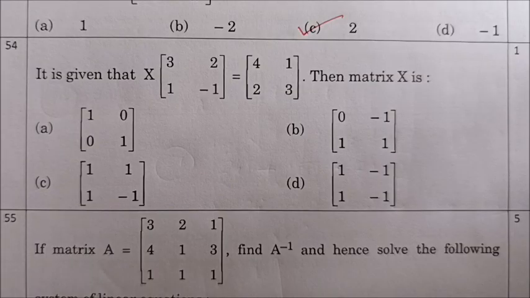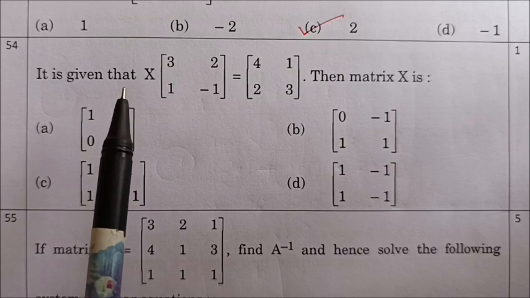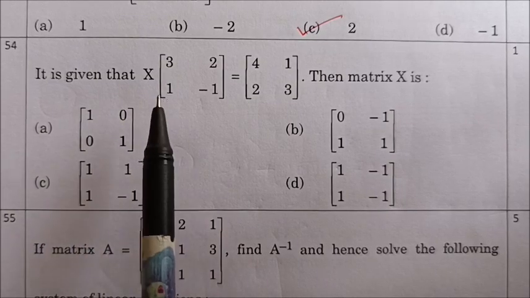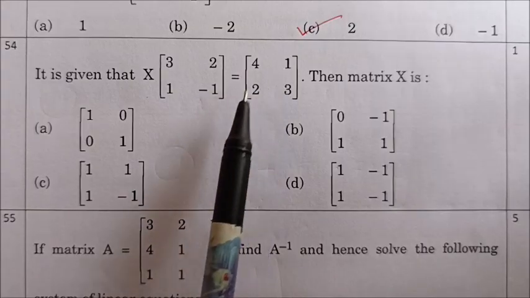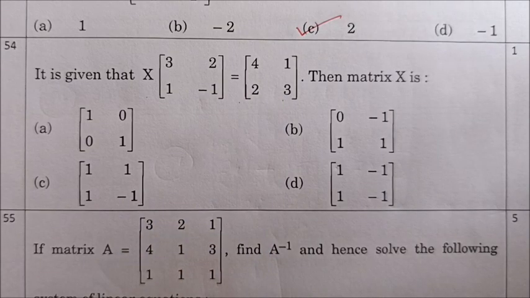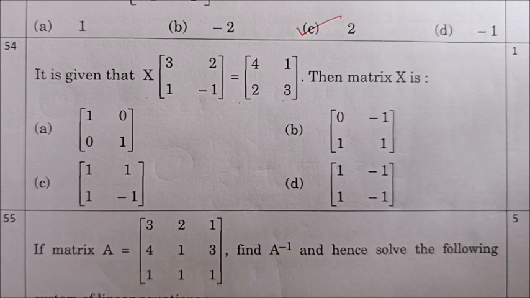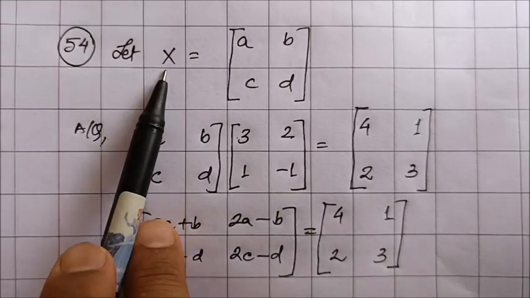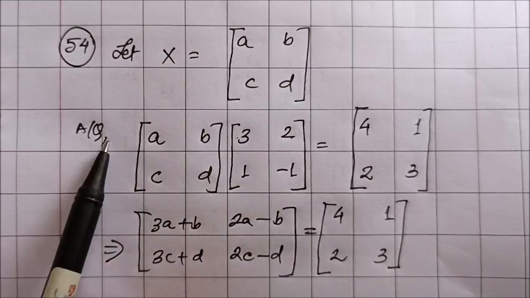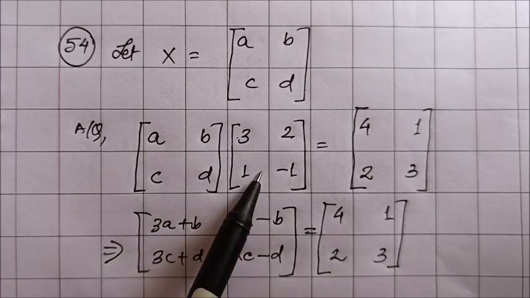In question number 54, it is given that X multiplied to this matrix is equal to 4, 1, 2, 3. How to solve this question? We have to assume X to be some matrix of the same order. Let X be equal to a, b, c, d. According to the question, X multiplied to this matrix is this matrix.